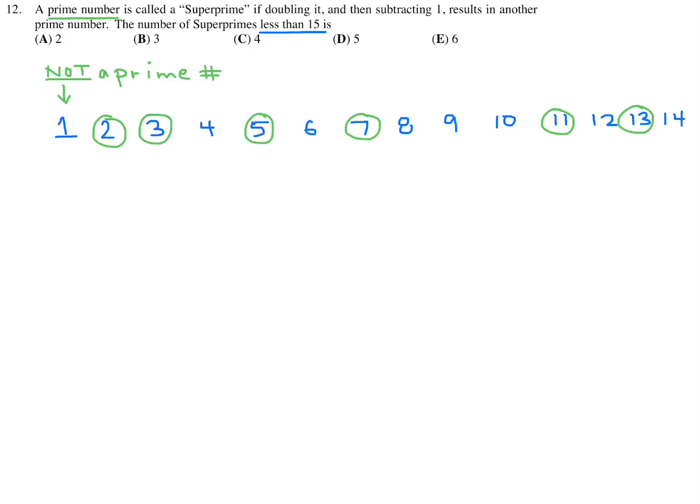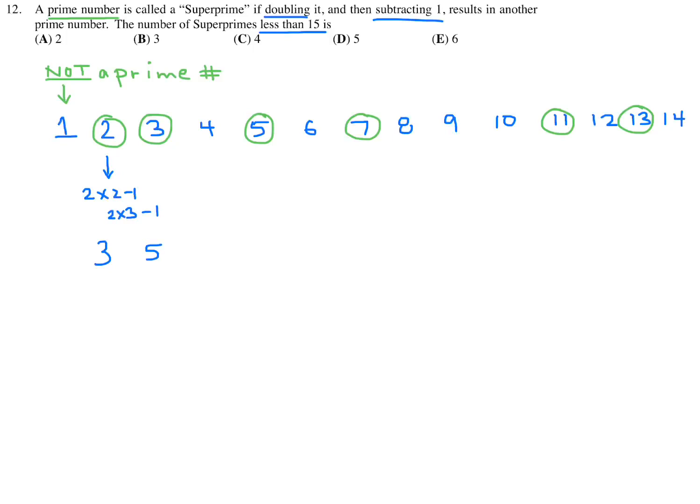Now, what we need to do is this superprime definition, which is you take a number, you double it, and then you subtract 1. So for 2, you double it, so 2 times 2, and then you subtract 1. And that gives you 3. For 3, you would double the number, and you would subtract 1, so that becomes 6 minus 1, which is 5.